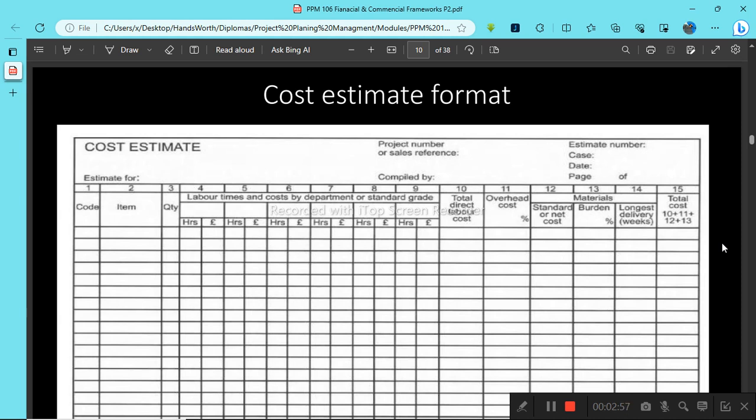Then after that, we talked about the other approach, which is known as the bottom-up estimation procedure. This one we said is the one where we first come up with a compilation of all the activities and events that will be required in the implementation of the project. Then from there we can begin to estimate what it will cost us for each given activity.